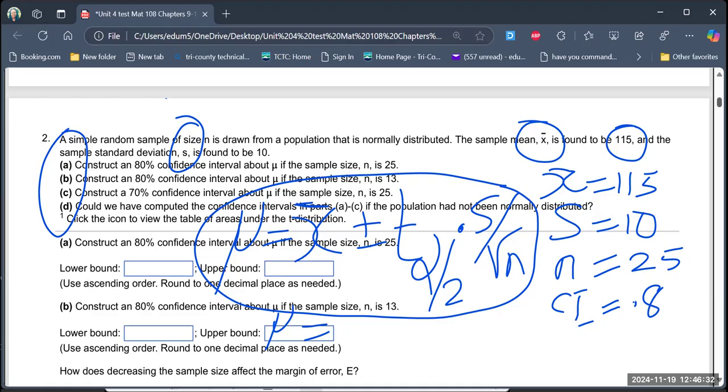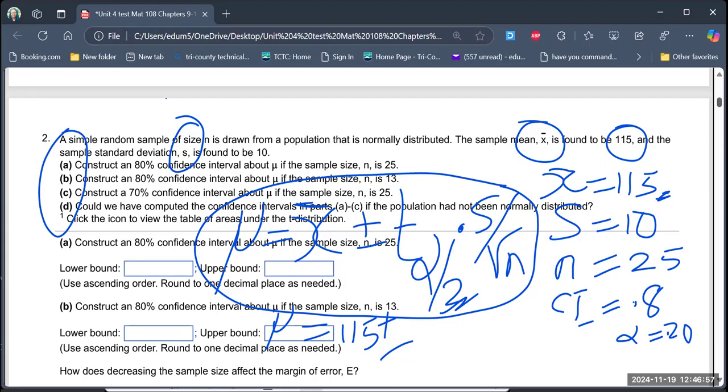You're given the statistics. The point estimate, which is the sample mean, is 115, plus or minus the critical value. You are given the confidence level, and if you're given the confidence level, you know alpha. So alpha is 20%. But for a confidence interval, you have to divide alpha by 2.